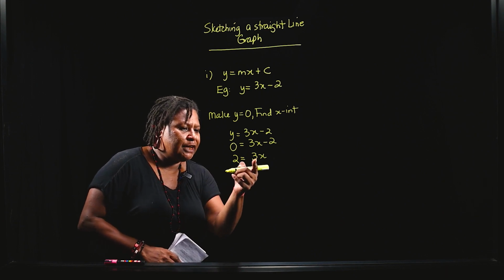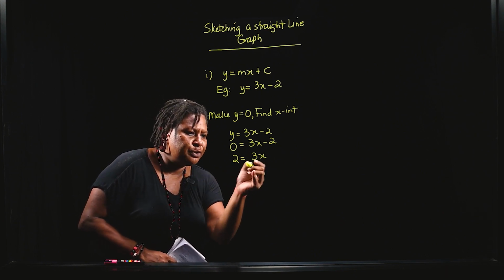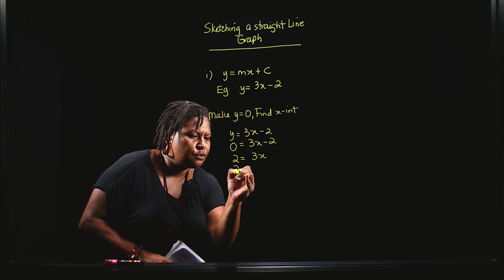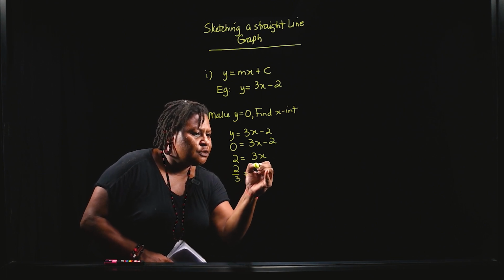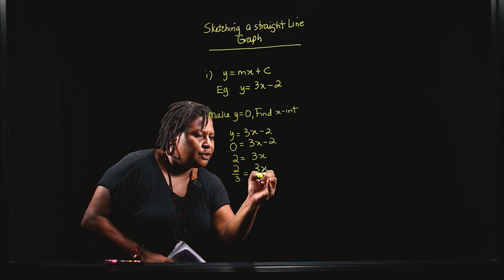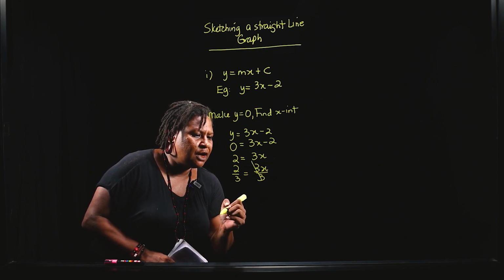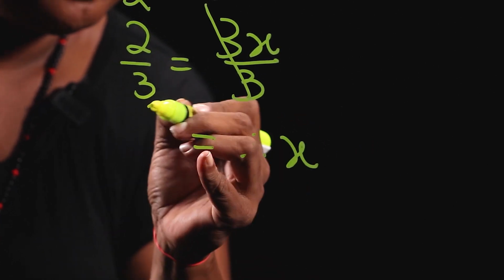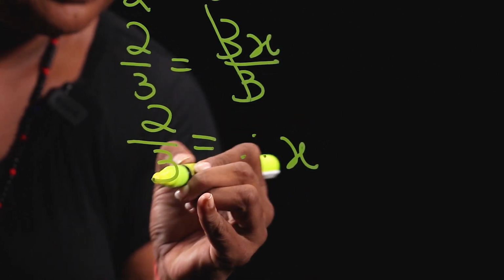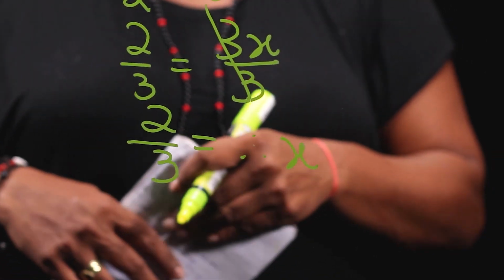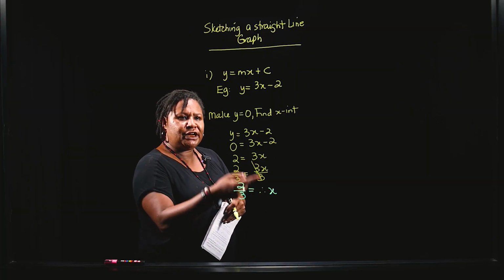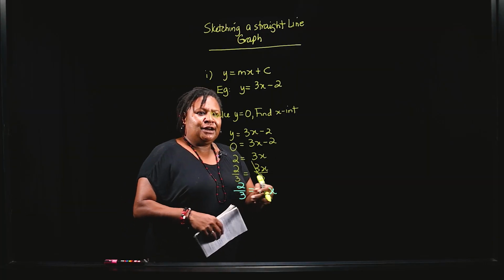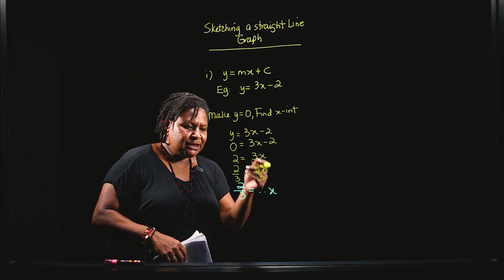And then we divide both sides by 3 to remove this number here. So 2 over 3 is equal to 3x over 3. This cancels out, and x is therefore equal to 2 over 3. Now this is the x coordinate of your intercept. Y will always be 0.